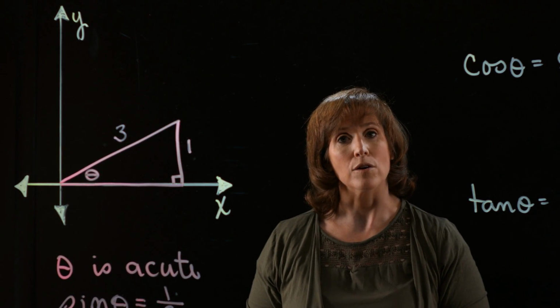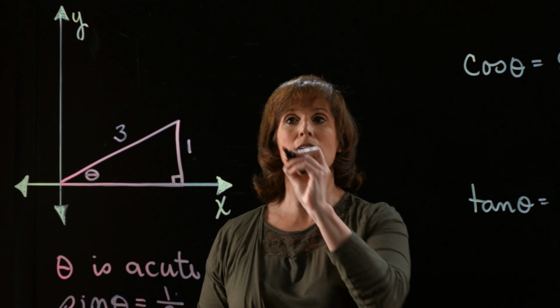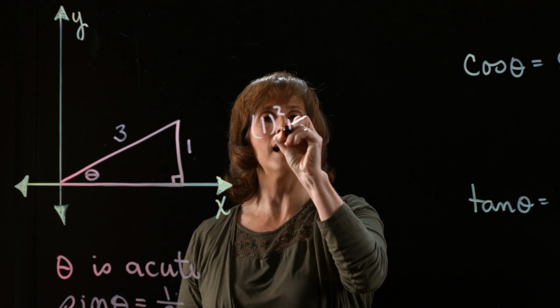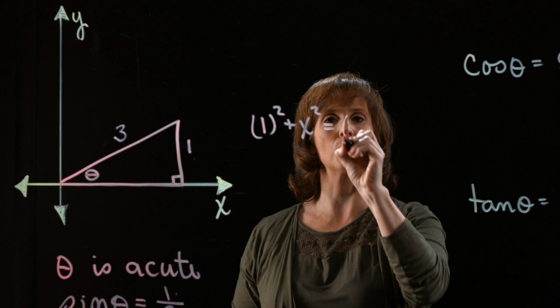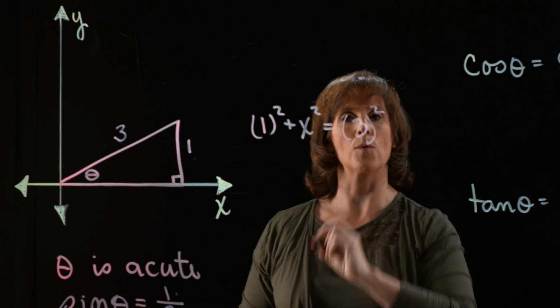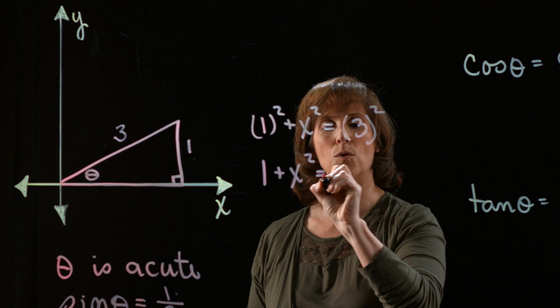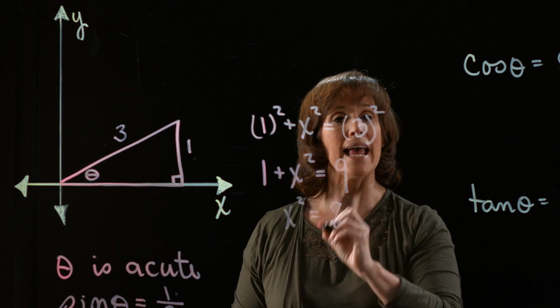Well, it's a right triangle, so you can use the Pythagorean theorem. By the Pythagorean theorem, I know that 1 squared plus x squared is going to equal my hypotenuse squared. So that will be 3 squared. So now 1 plus x squared is going to equal 9. x squared equals 8.